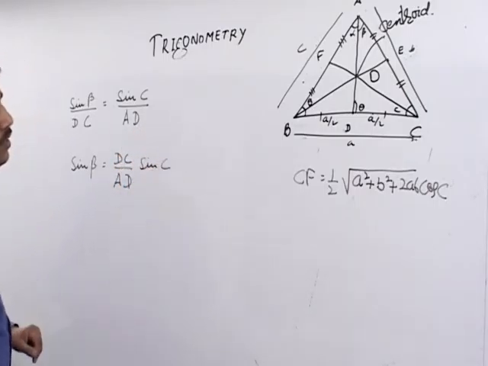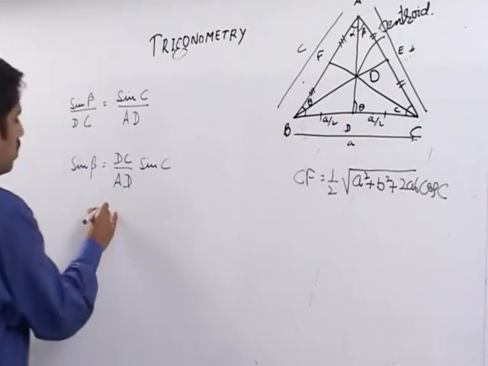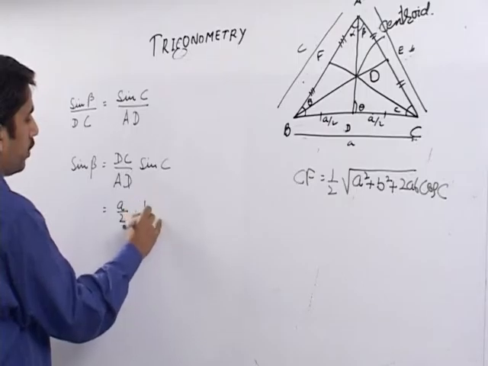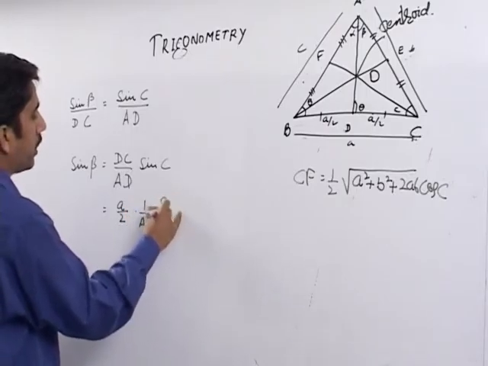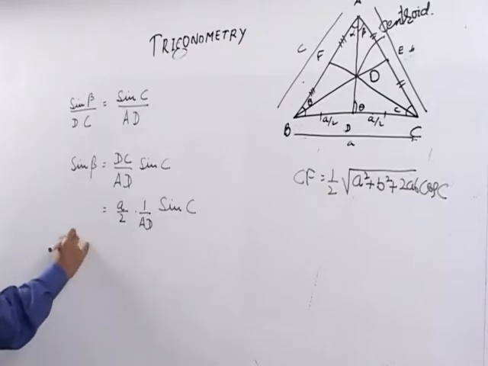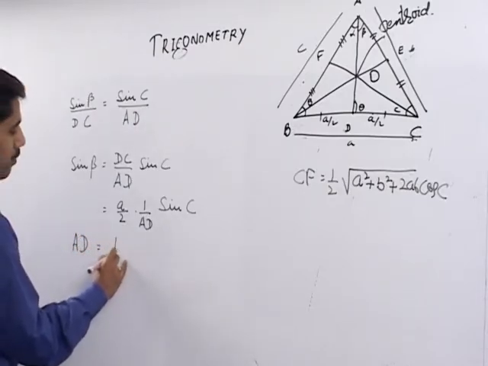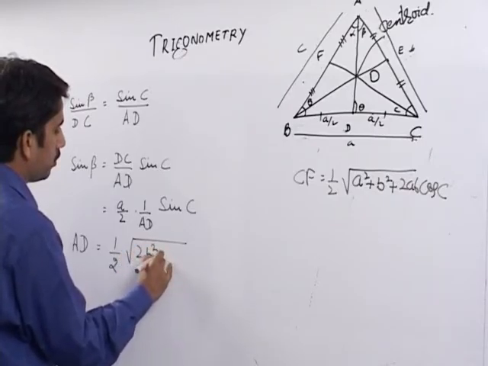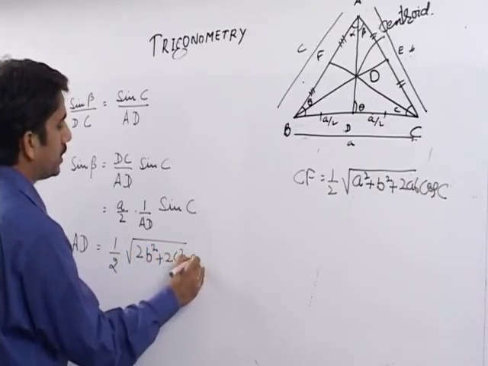Now what is DC? DC is a by 2. So you will get a by 2 into 1 over AD into sine C. We have just proved that AD is equal to 1 by 2 whole under the root 2b square plus 2c square minus a square.